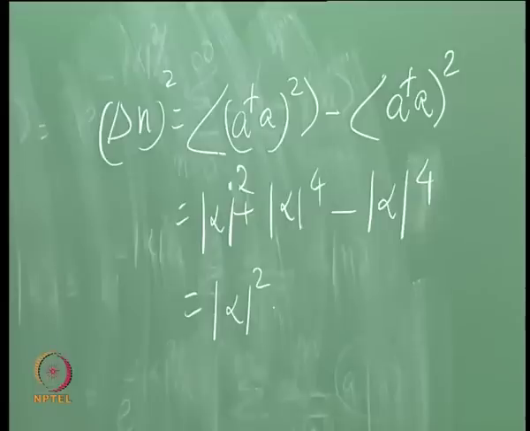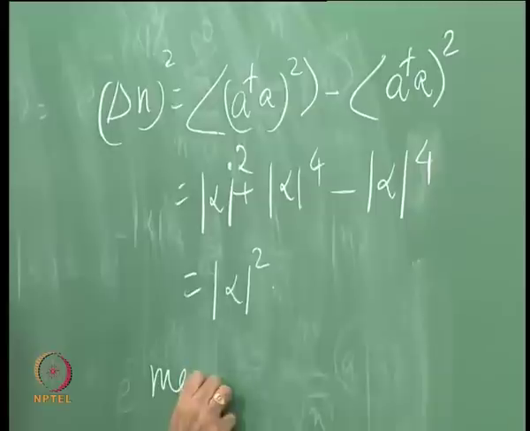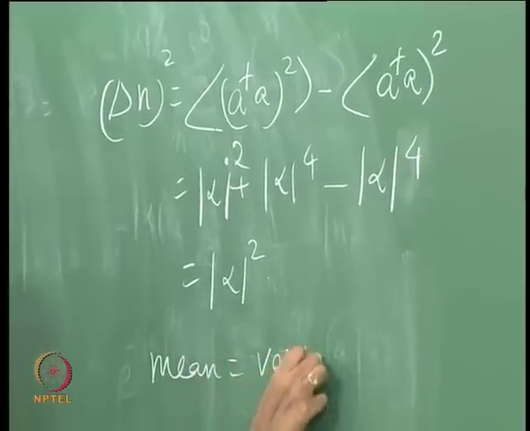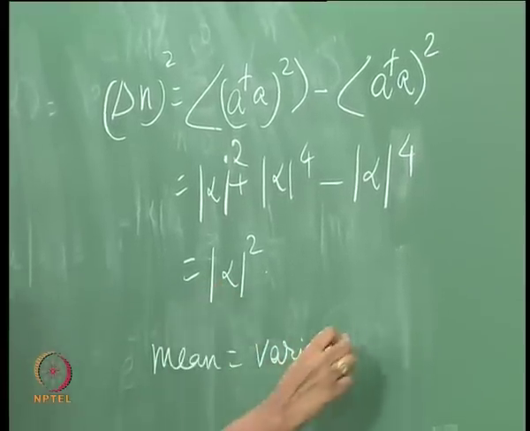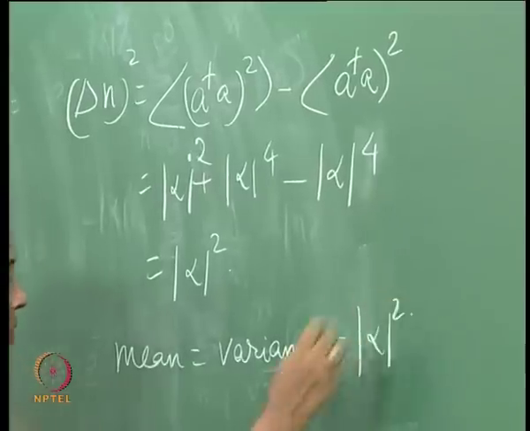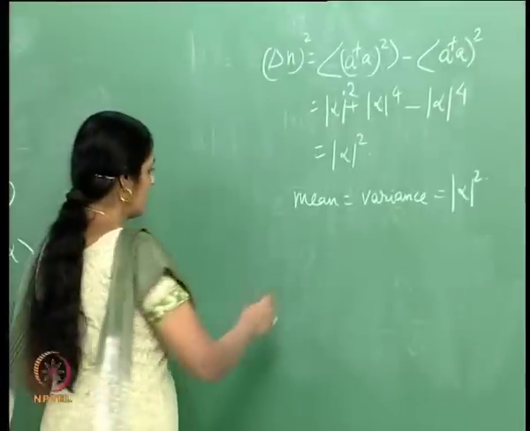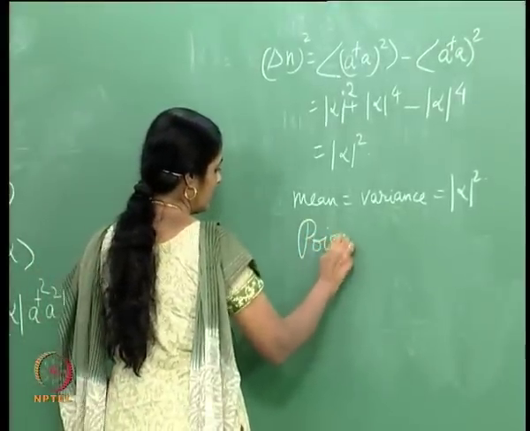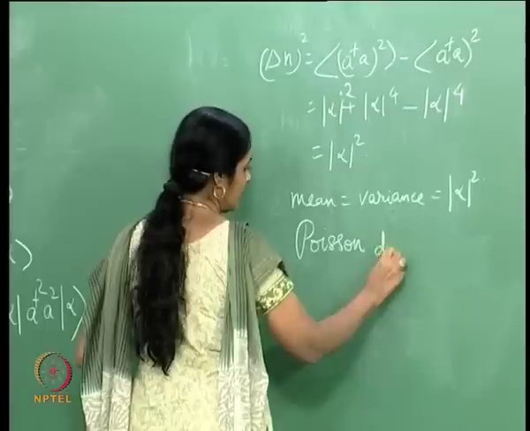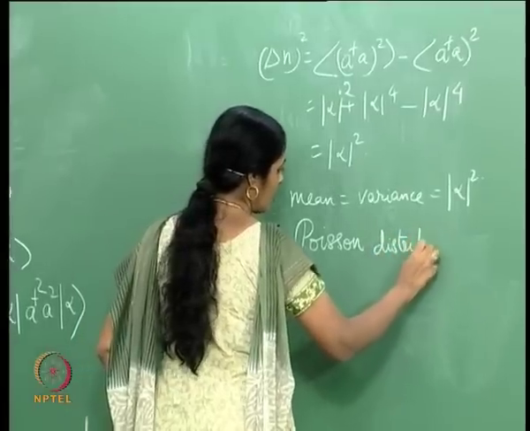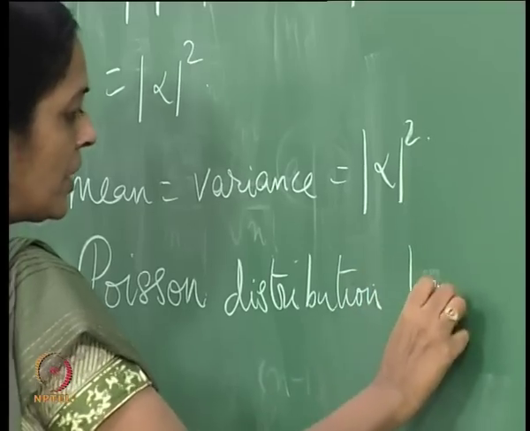Now, this is an interesting result because the mean is equal to the variance equal to mod alpha squared, which is typical of a Poisson distribution. This is a Poisson distribution, has mean equal to variance.